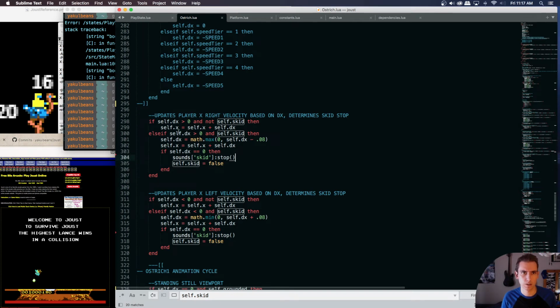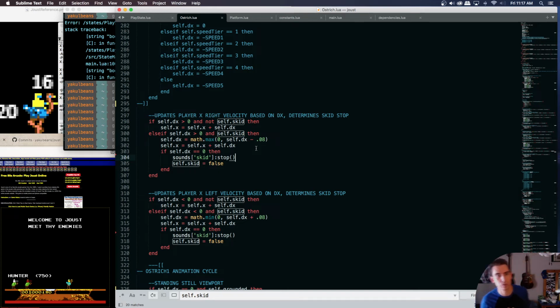So I'm saying, if you're moving right and you're skidding, then set your dx to your current dx minus 0.08, which should slow you to a stop. And then update your x based on your dx.